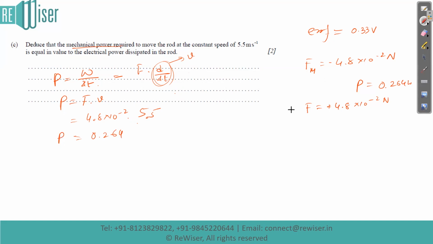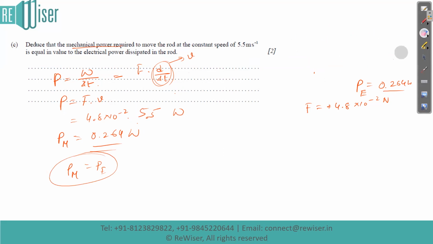This is the mechanical power. I can write, this is the electrical power dissipated, and this is the mechanical power. You can see both of them are 0.264 watts, right? PM is equal to P. Mechanical power required is nothing but the power getting dissipated as thermal energy. We are able to show that.